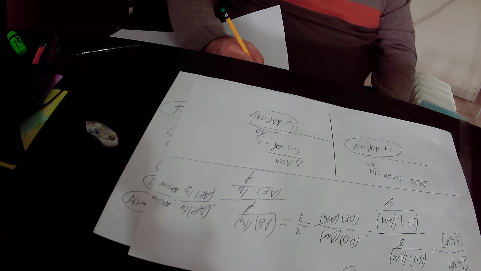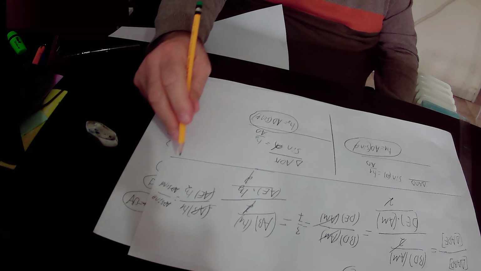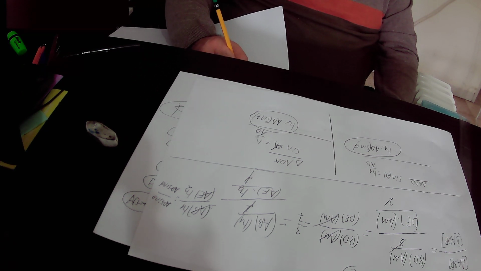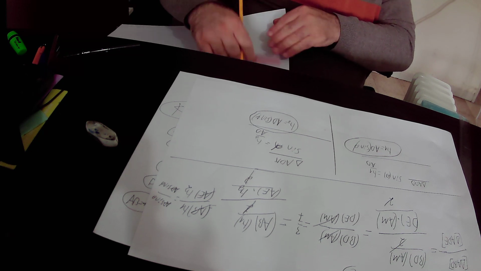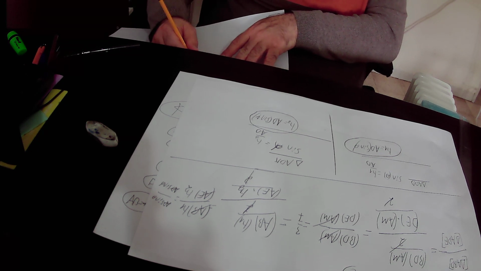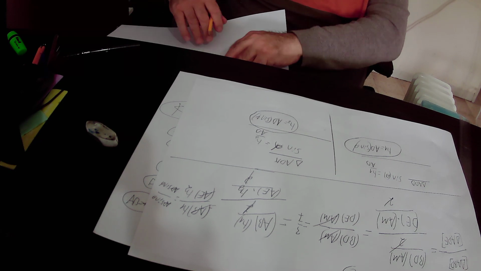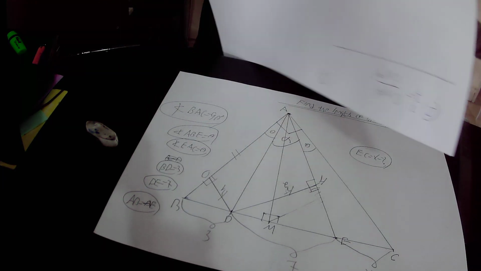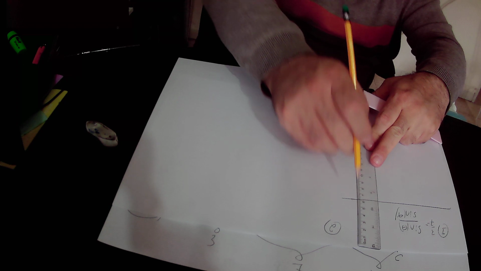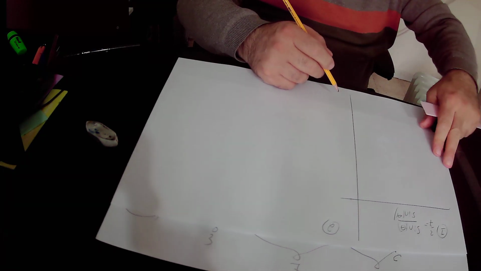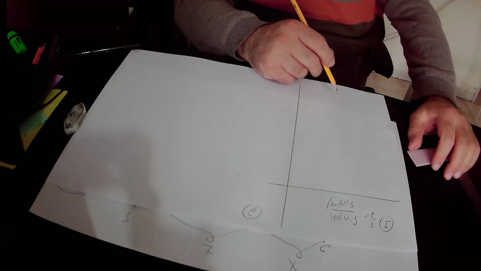According to equation number 1, 3 over 7 equals sine theta over sine alpha.